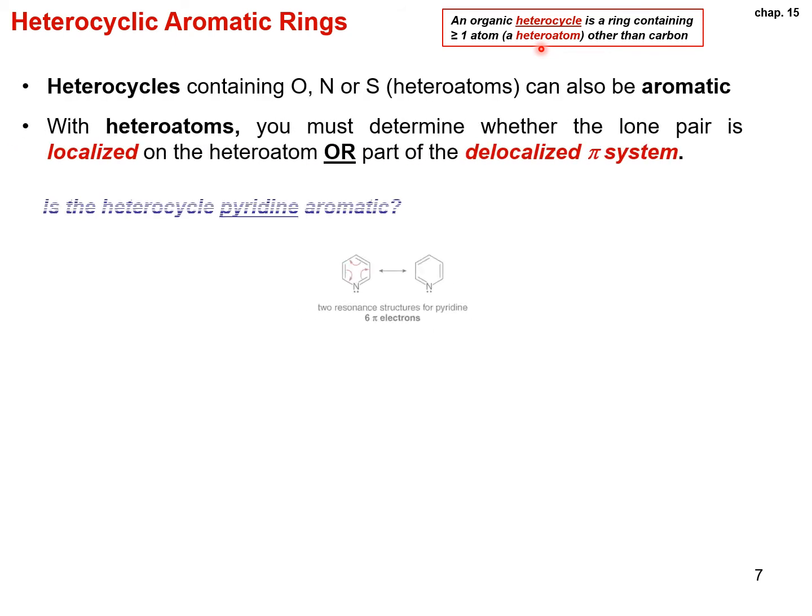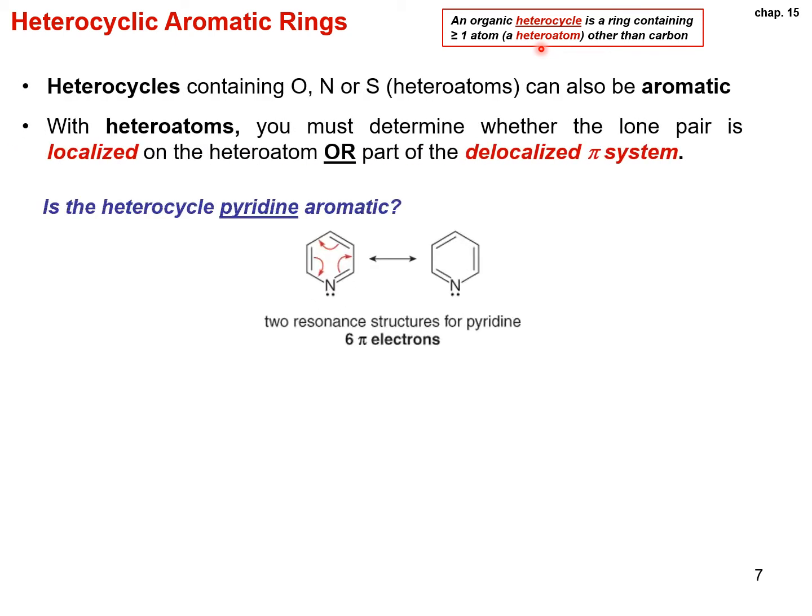We can refer to benzene as a carbocycle, that is a ring whose members are entirely made up of carbon. When you have a ring that contains, in addition to carbon, at least one other atom besides carbon, for example oxygen, nitrogen, or sulfur, they're referred to as heterocycles, and these atoms would be referred to as heteroatoms, that is, atoms other than carbon.